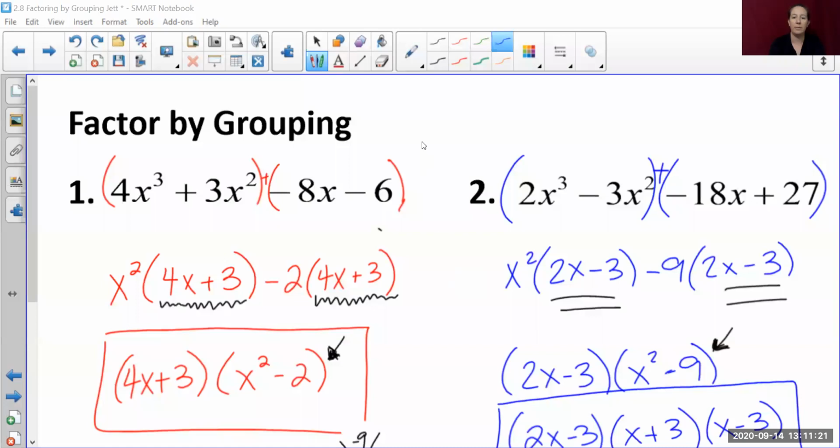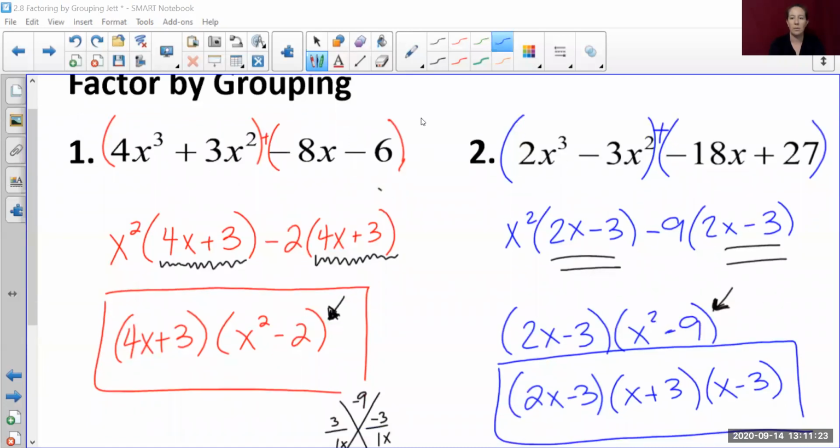A question about number 2 and 4. Okay. Can you explain? Which piece are you struggling with?